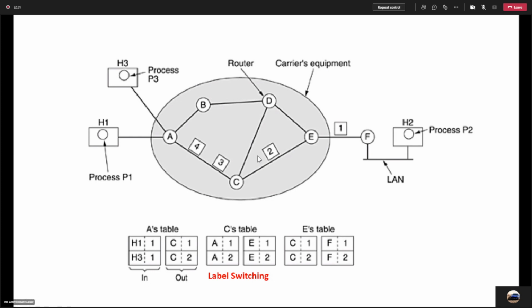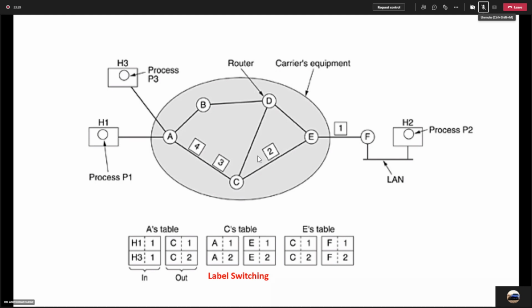So under the input queue and the output queue, if you consider A, then what is H1 and 1, what is H3 and 1, what is C and 1, and what is C and 2? Do you have any idea about this table which is available on your screen? If you refer to A's table, then how are the entries appended, how are the entries reflected? Is there anyone who can explain to me the entries which are reflected under A, under C and under E?